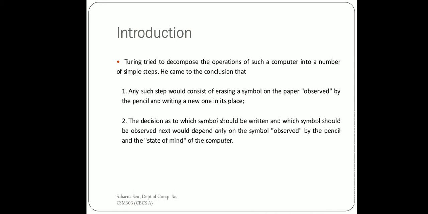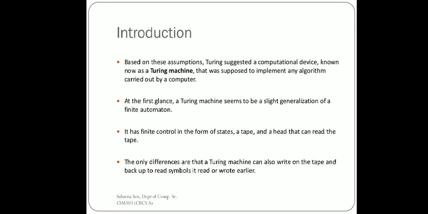It is as simple as that. Based on the input symbol and the state, it will make one transition. It may stay in the same state but change the input symbol, or it may stay in the same state and erase the processed symbol, or it may jump to the next state. Whatever the algorithm is, it will act accordingly. These are the ways in which a Turing machine processes.